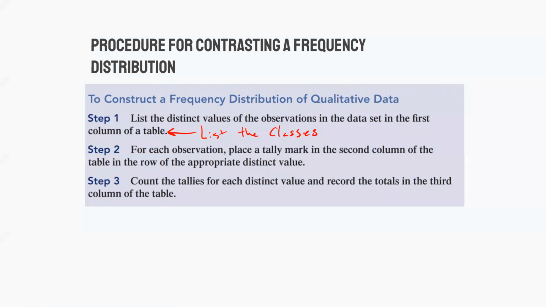Then for each observation, this is the way if you wanted to do it by hand, you're going to place a tally mark in the second column of the table for the appropriate distinct value. What I mean is you're going to count the number of students in each class.